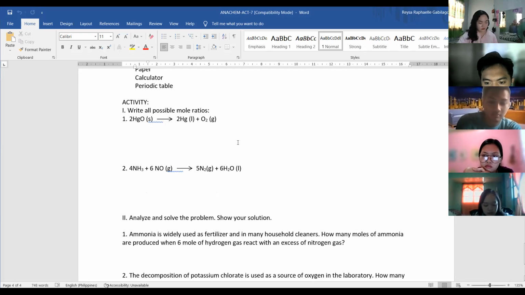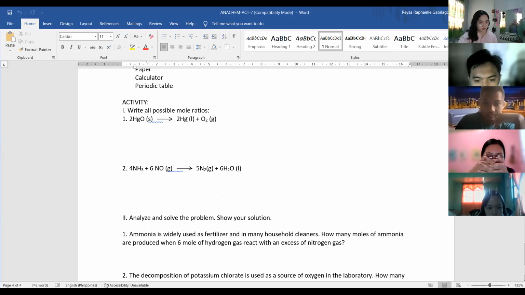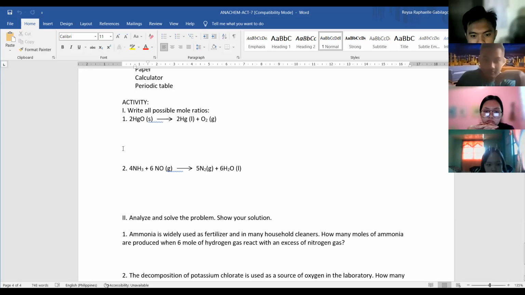When you say all possible mole ratios, kagaya ng example kanina sa taas, isa-isahin natin. Like 2 moles of mercury oxide is to 2 moles of mercury, or vice versa. And ano pa yung mga pwedeng possible mole ratios dyan. So again, all you need to do is to list down all the mole ratios possible for the given reaction.